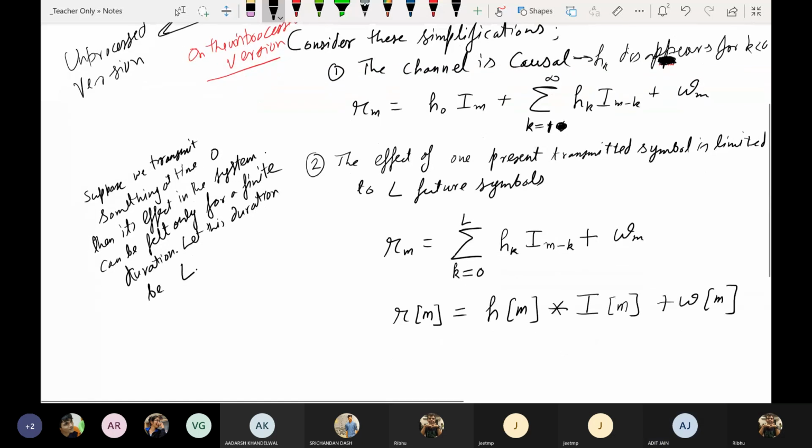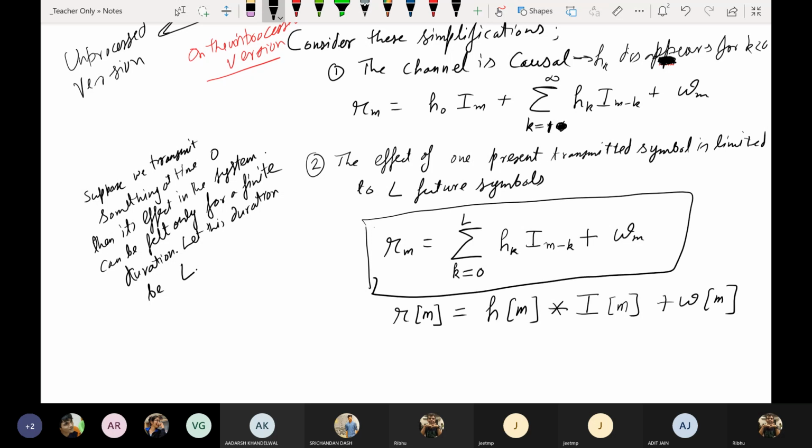So in this case, the unprocessed received signal takes this form.